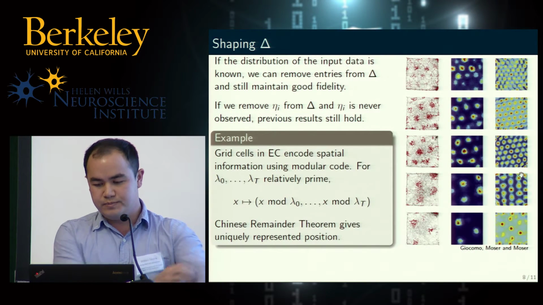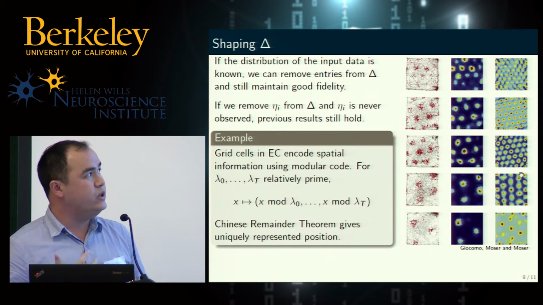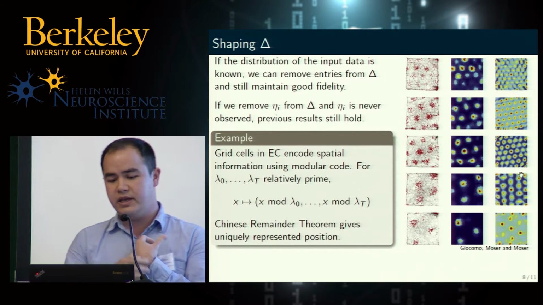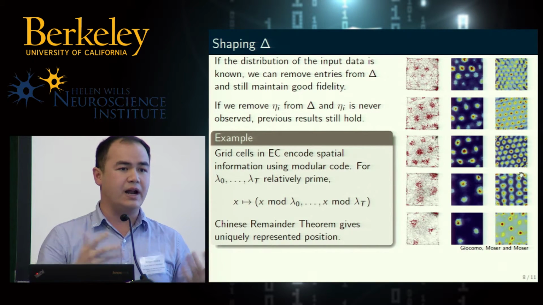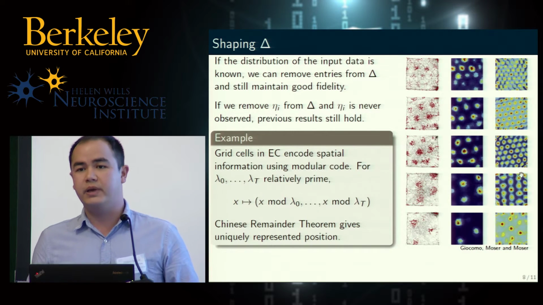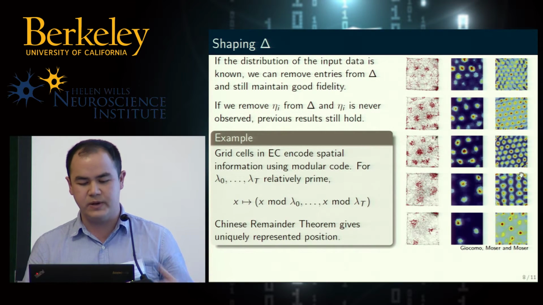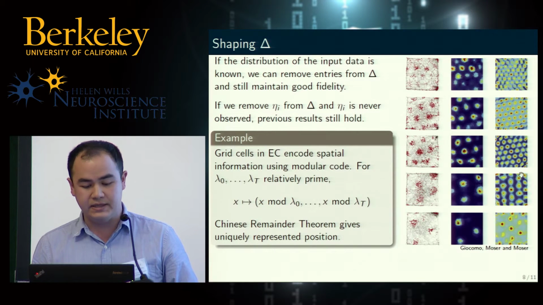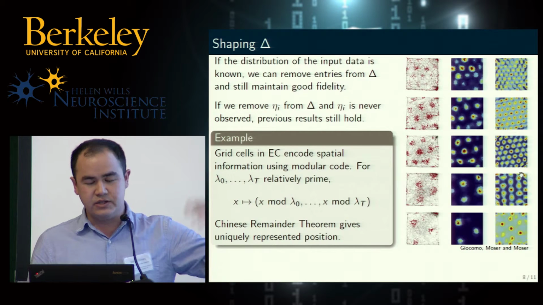The talk this morning was a really good description of grid cells in the MEC. Just to refresh, they encode spatial information using this periodic modular code. It's a really interesting code because it carries an exponential increase in information capacity, and we want to respect that structure as it's going into the dentate.